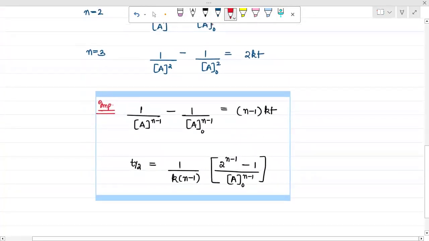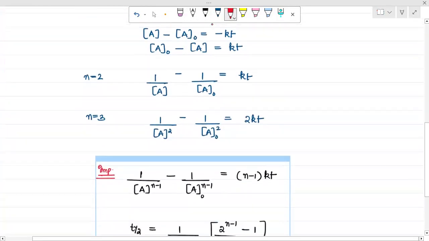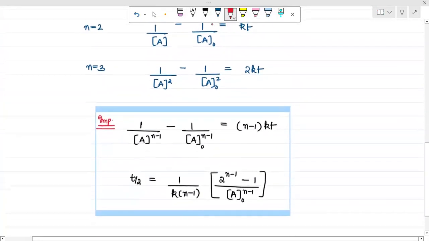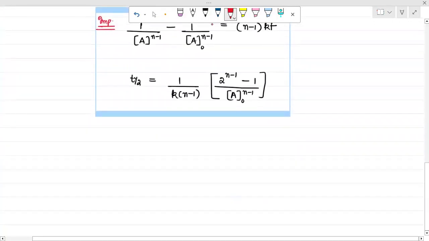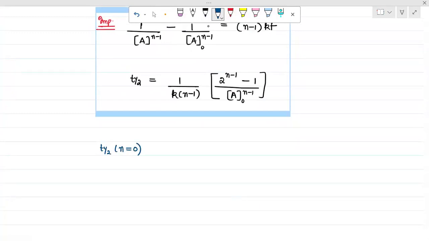So just like the way we found the integrated rate equations, you can also find the T halves. Let's find T half for n is equal to 0. It's going to be 1 by 0 minus 1, which is minus 1, by k, into 2 to the power 0 minus 1, minus 1, divided by A naught to the power 0 minus 1.